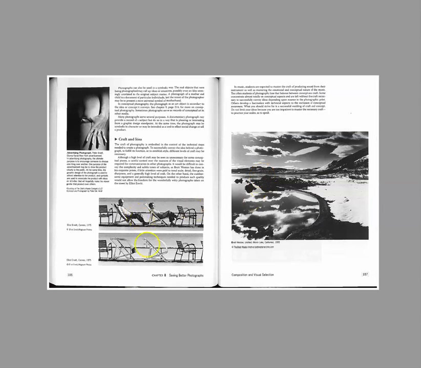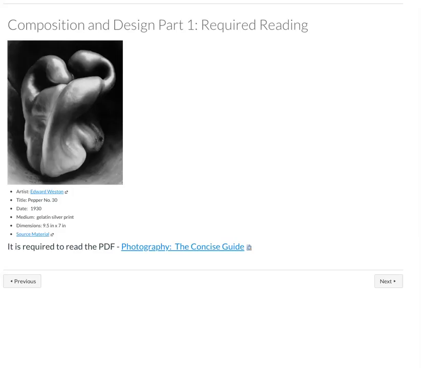Do you include people? Do you not include people? Do you make a diptych, so two images that are next to each other that start to have a conversation? How do you want to think about reflections? So be sure to follow up and read this PDF that's the required reading. You can just click here and download the PDF.